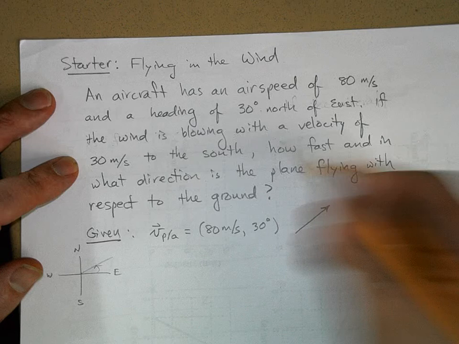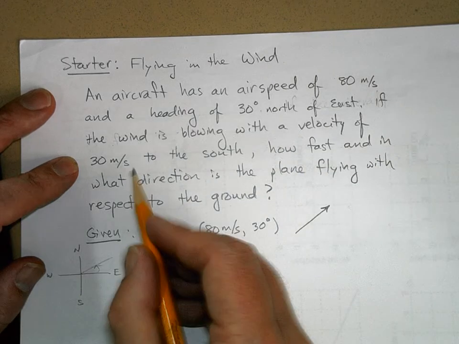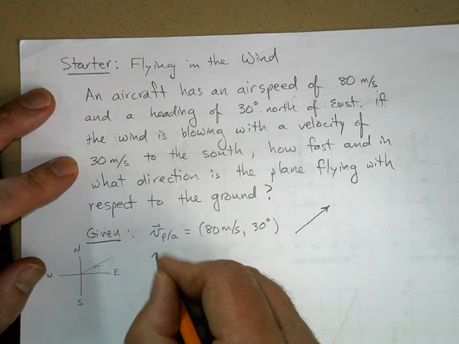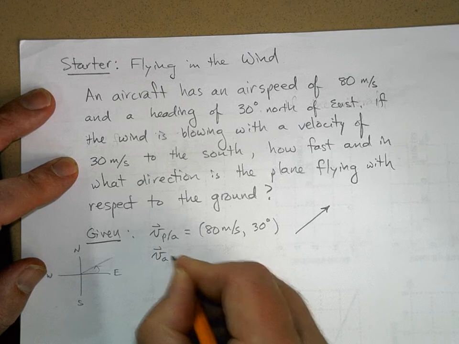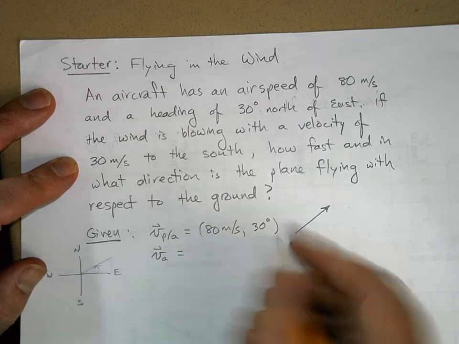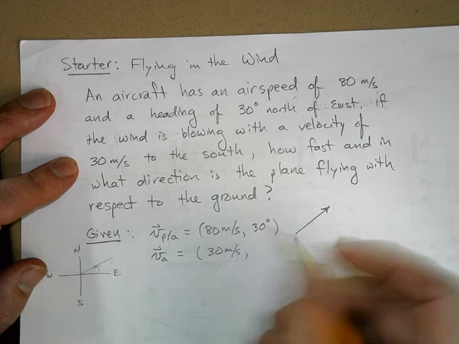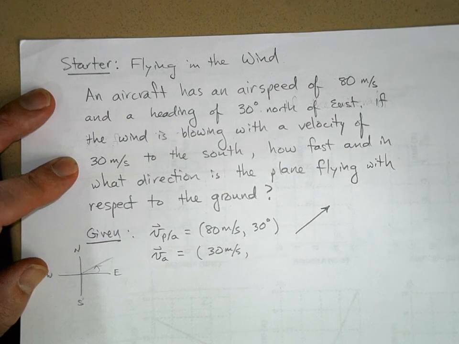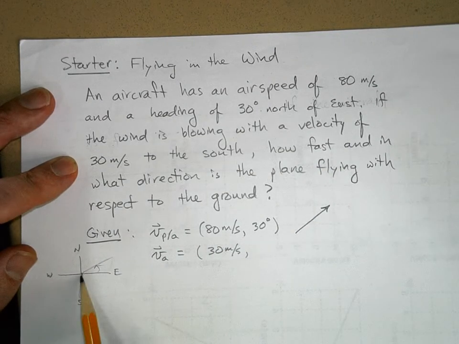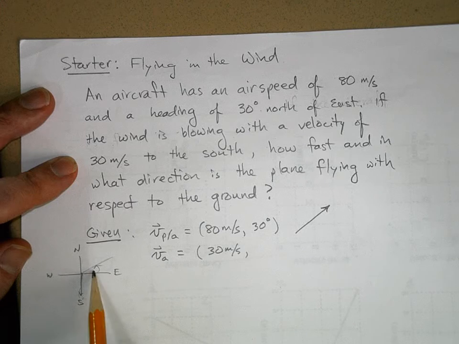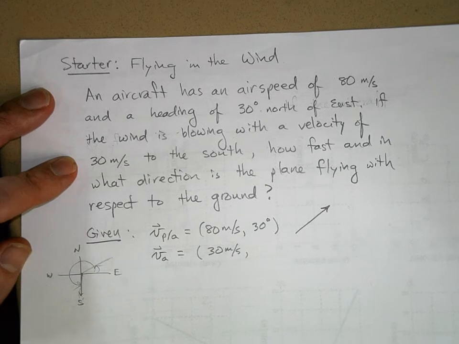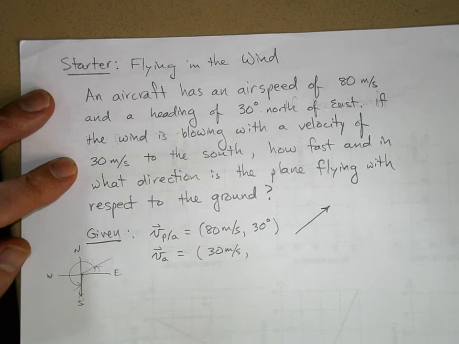And then the velocity of the wind is 30 meters per second to the south. So I'm going to call that the velocity of the air is 30 meters per second. And south is what angle? You have a choice. You can go around and call it 270, or you can call it negative 90, either way.